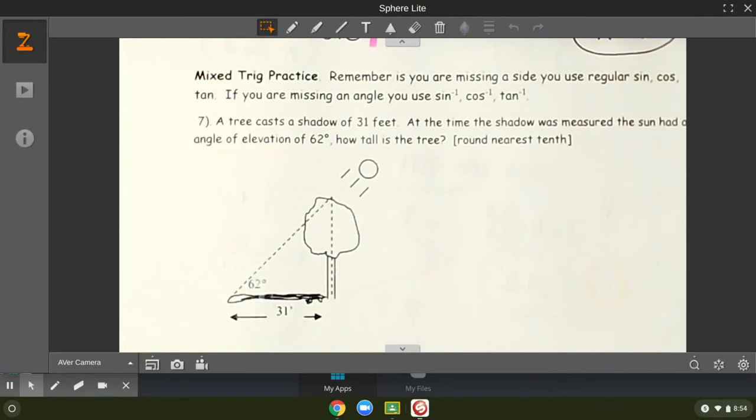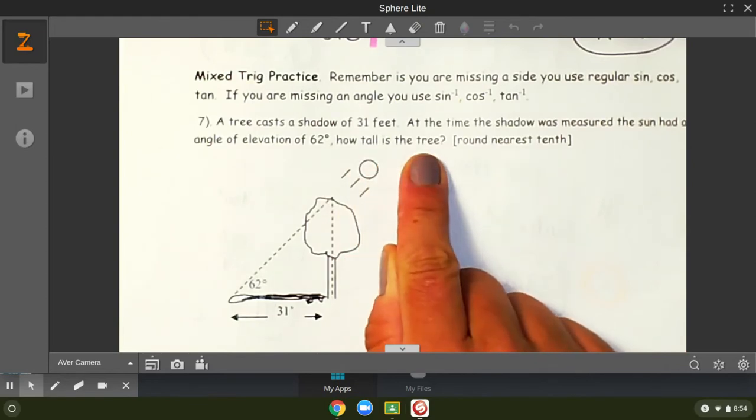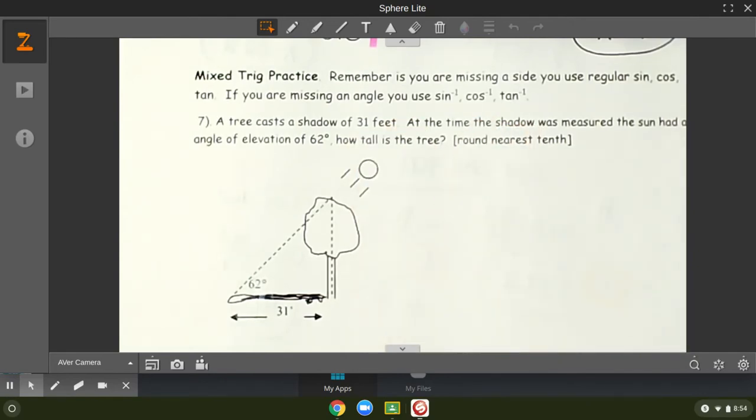A tree casts a shadow 31 feet. At the time the shadow was measured, the sun had an angle of elevation of 62 degrees. How tall is the tree? Okay, so if we want to know how tall the tree is, that's a missing side. So this means we're going to use regular sine, cosine, or tangent.